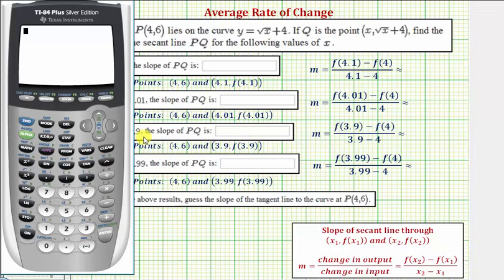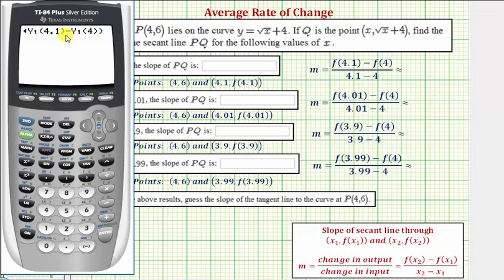So for our first slope, we'll have open parenthesis, VARS, right arrow, enter, enter, brings up Y1. We want Y1 of 4.1, so in parentheses we have 4.1, close parenthesis, minus, again we know f of 4 is 6, but I'm going to enter VARS, right arrow, enter, enter, and I'll enter Y1 of 4.